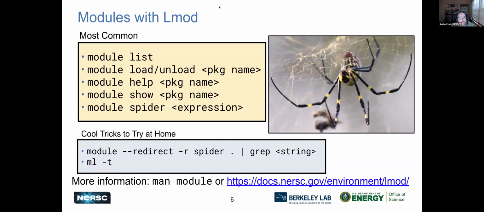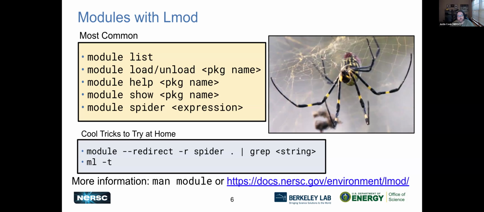Now with LMOD, there's a whole bunch of commands that you can use to help you find out whatever you want to do with modules. We have documentation again on the website if you need something. There's a man page for the module command. But these are the most common ones that you're going to use on an everyday basis. You're going to use module list to see what you have loaded.